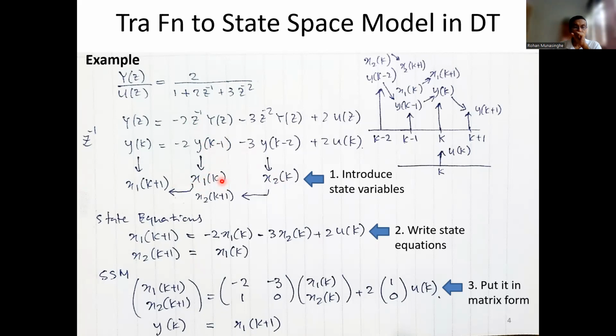You have to do this repeatedly, as there are old time samples of y(k). And if you look at the left hand side, y(k), do not write another state variable for that, because it is already in the time domain, present time k.